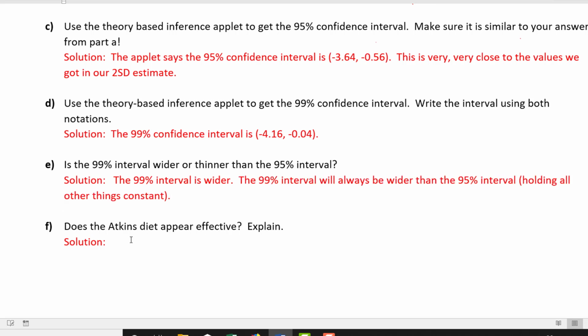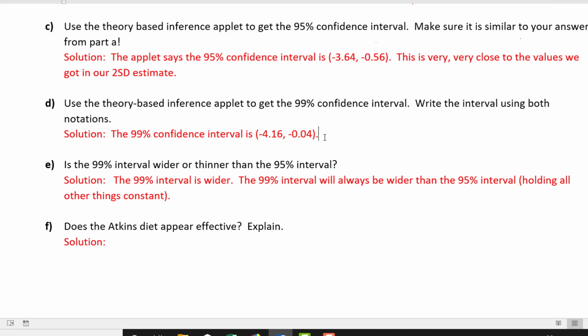So part F finally says, does the Atkins diet appear effective? So I guess there's two ways to look at this. Notice these numbers, the entire interval, both 95 and 99% intervals, are entirely in the negatives. So we are very confident that the average weight loss does occur, that there is weight loss over the course of a year on average.